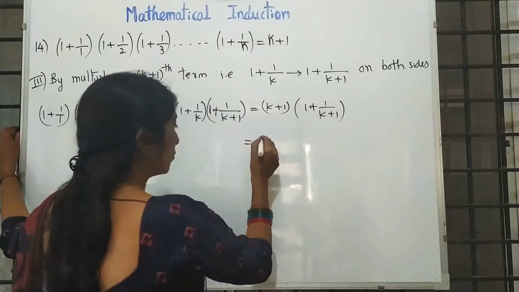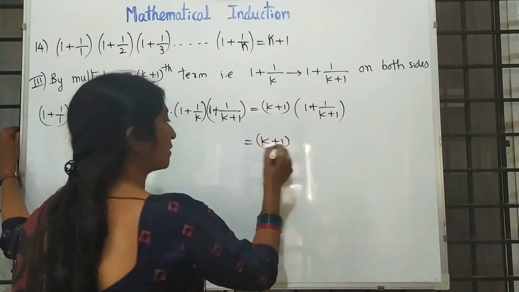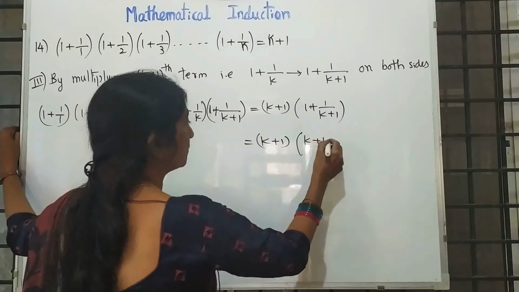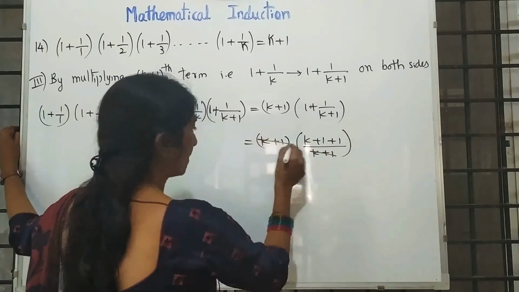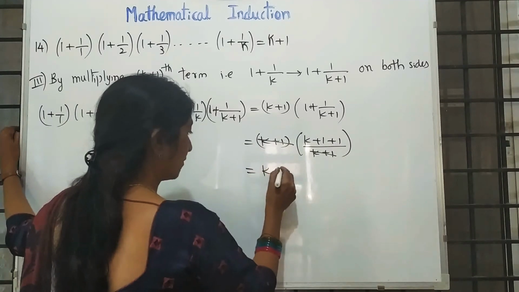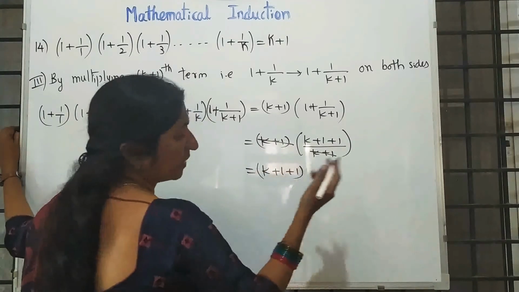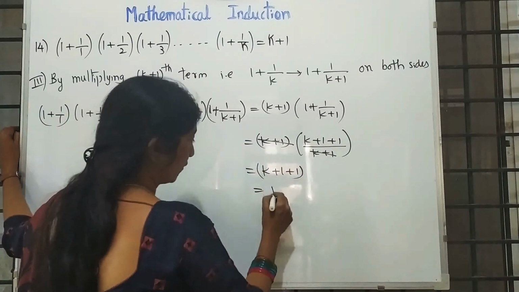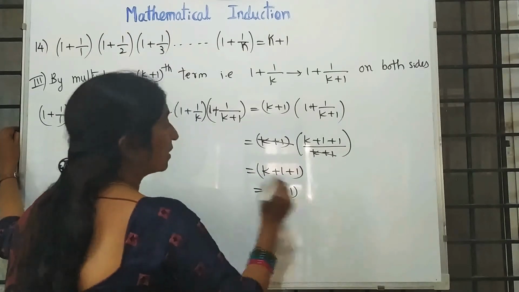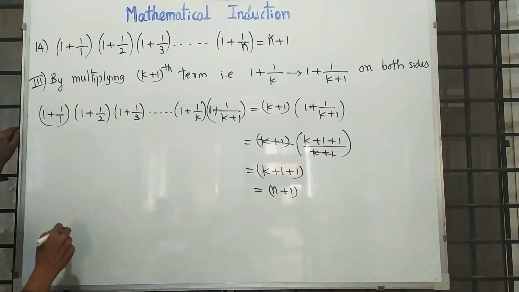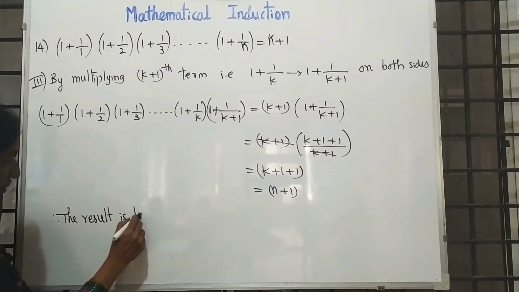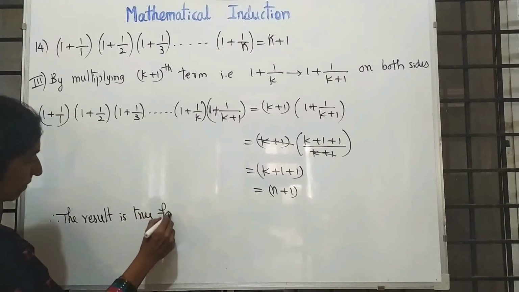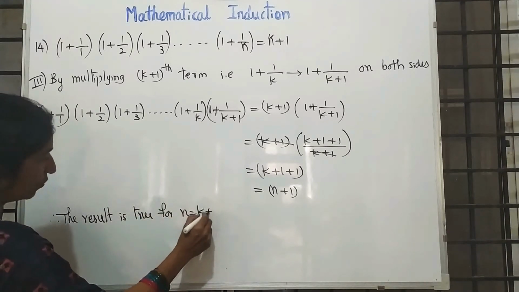Here also, without taking the LCM, you cannot cancel. So it is k plus 1 plus 1. Again, don't make it k plus 2, because in place of k plus 1, if you write n, that is the required result. Therefore, the result is true for n is equal to k plus 1.